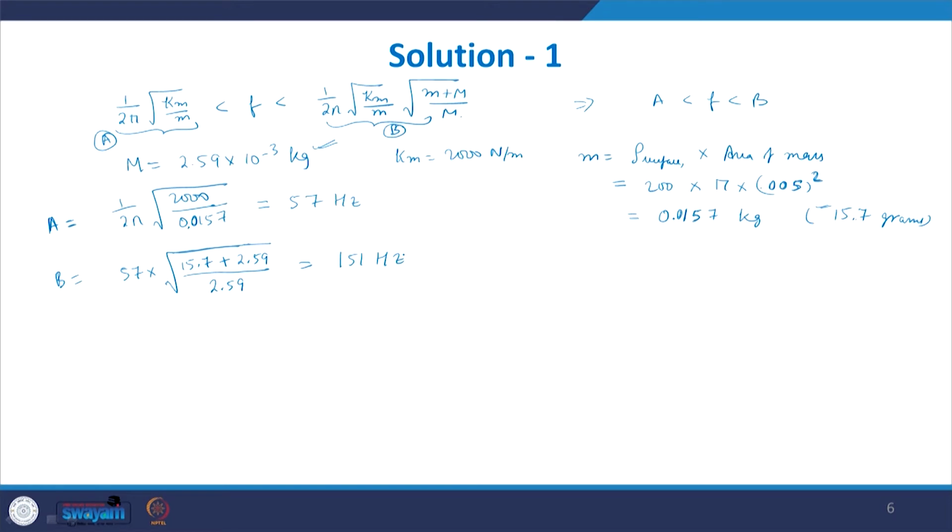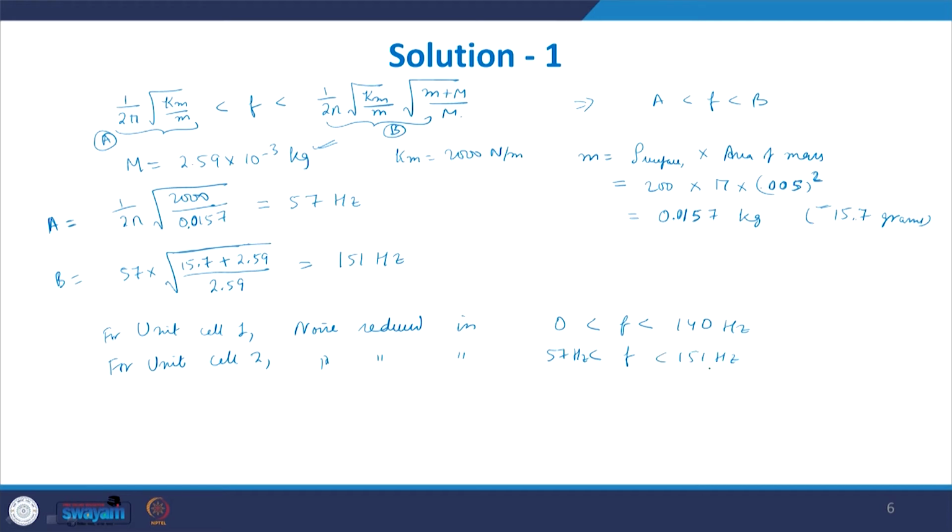So now, for unit cell 1, noise is reduced in between 0 to 140 hertz that we had calculated earlier, and for unit cell 2, the noise is reduced between 57 hertz to 151 hertz.